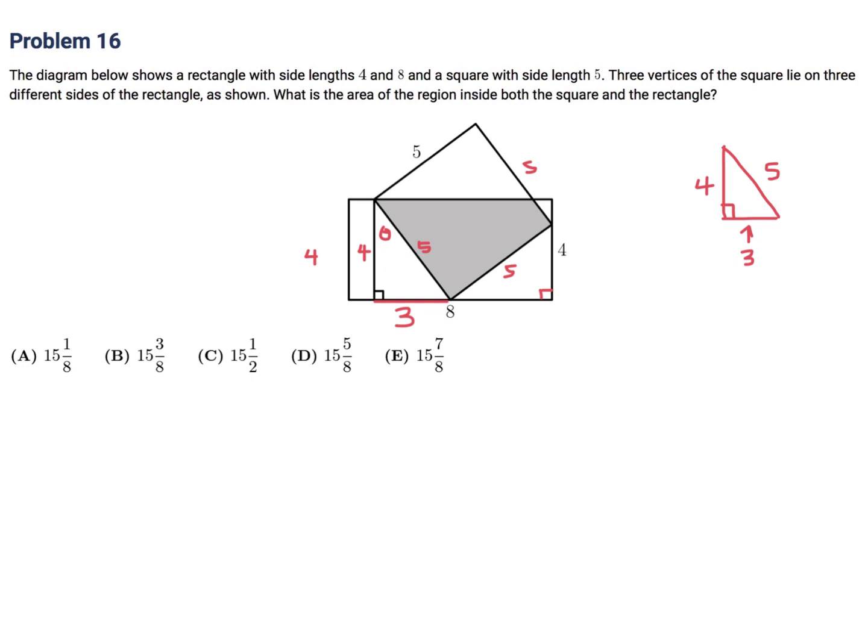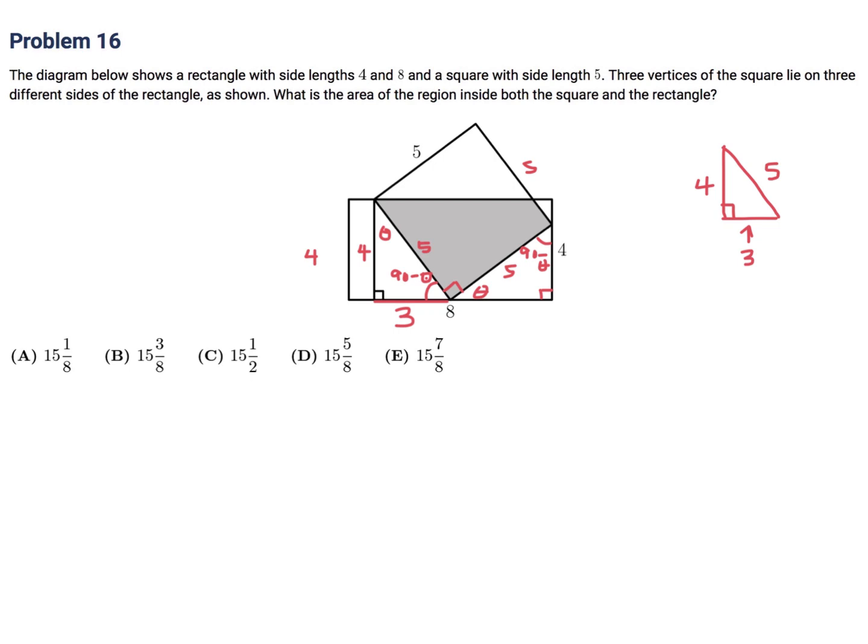Since this is 90, this one is going to be 90 minus theta. And therefore, this one is going to be theta, since they all have to add up to 180. And then this one in here is 90 minus theta. So that means we have similar triangles here.